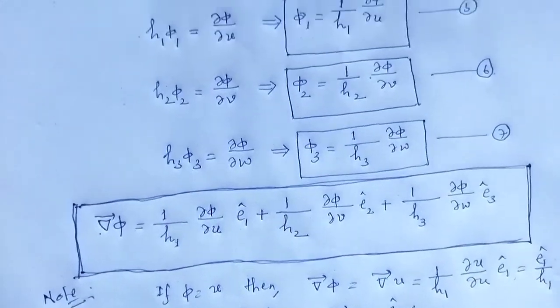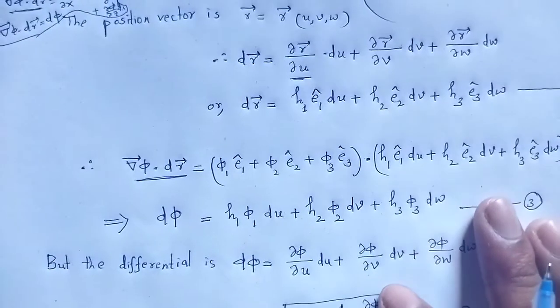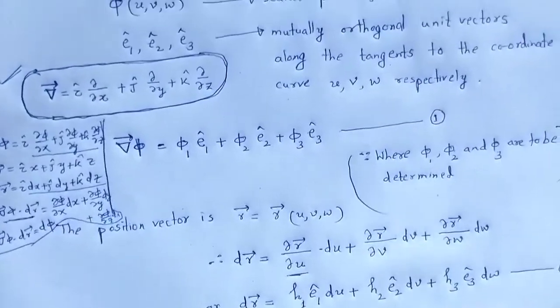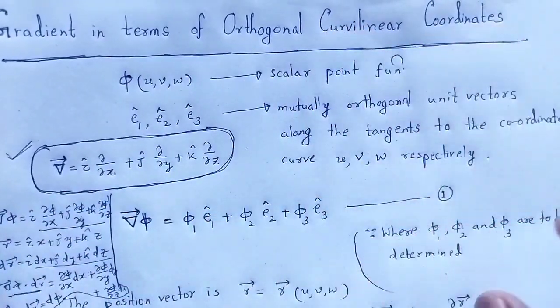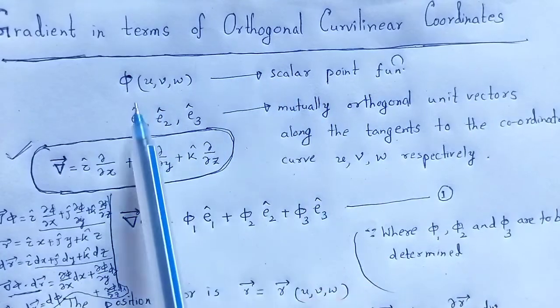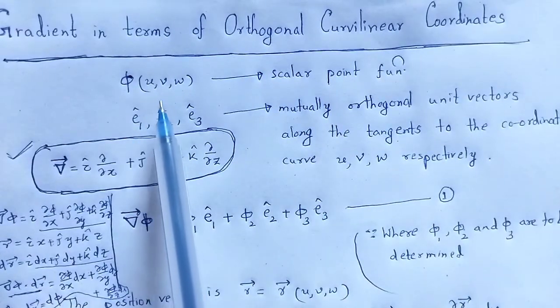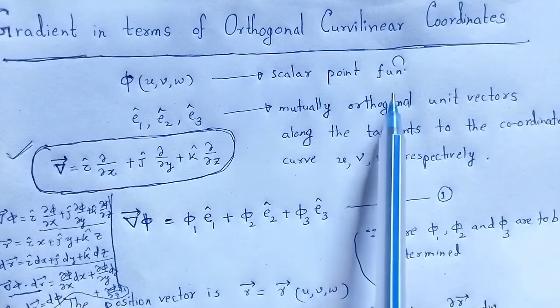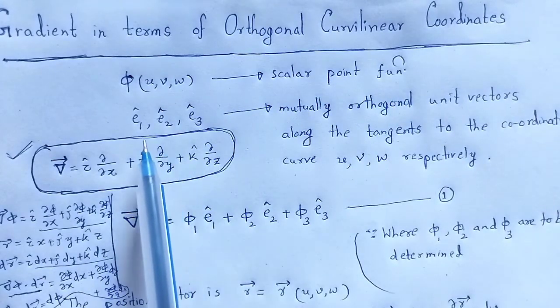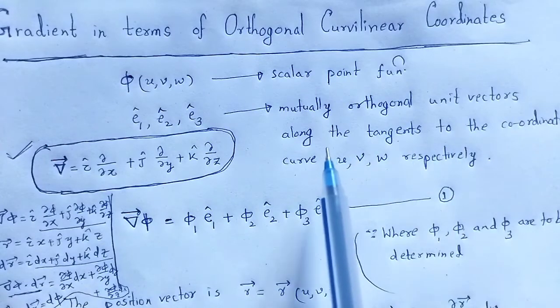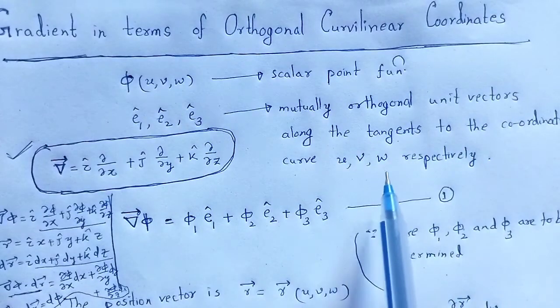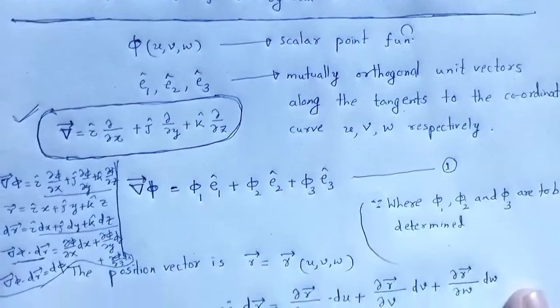With the help of this video lecture, we understand the concept of gradient in terms of orthogonal curvilinear coordinates. First of all, we introduce a scalar point function phi, a function of u, v, w, and e1 cap, e2 cap, e3 cap, mutually orthogonal unit vectors along the tangents to the coordinate curves u, v and w respectively.